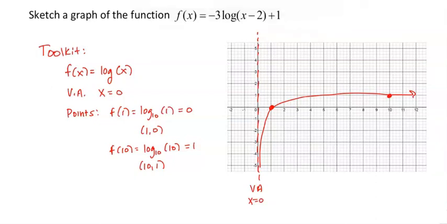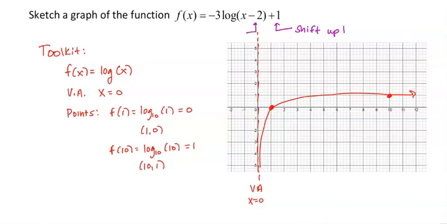So now let's look back at our function that we were given and think about what types of changes have happened. So this plus 1 that we have at the end added on as a constant means that we need to shift up 1 unit.